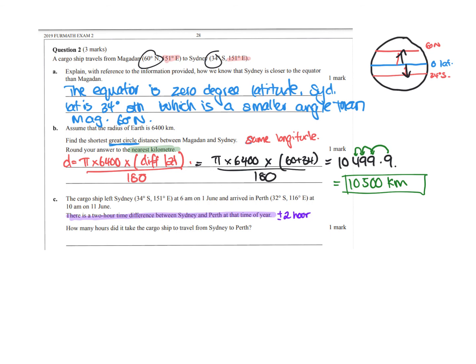Here we've got Sydney on the 1st, at 6 a.m. Then it travels over to Perth, and it is 10 a.m. in Perth on the 11th of June. So there's 10 days in there, that's for sure, but we have to be careful, because they said there's a 2-hour time difference.